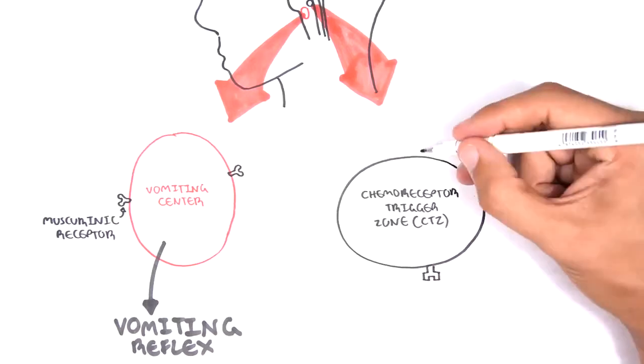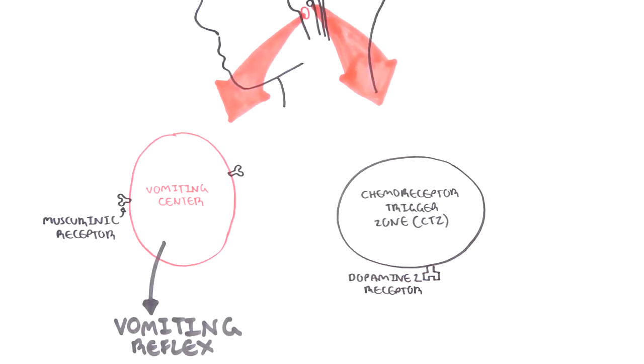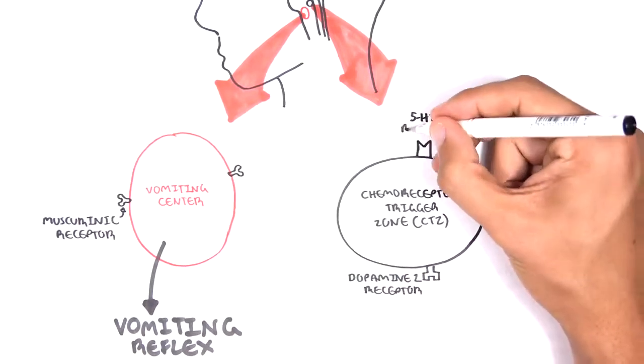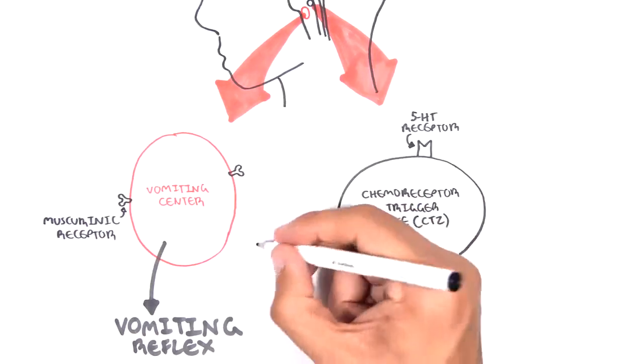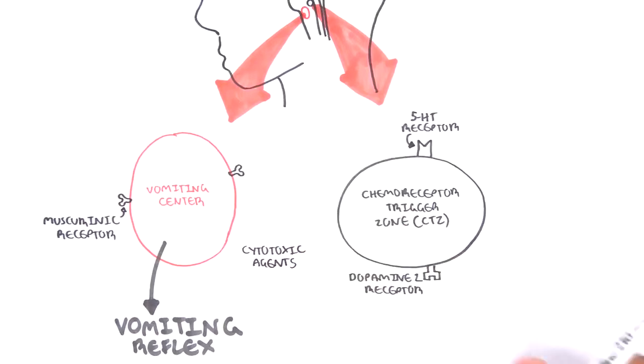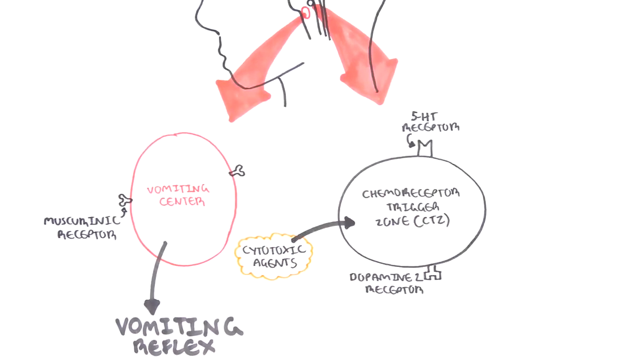And the CTZ contains a few types of receptors, and these are the dopamine 2 receptors and the 5-HT receptors. 5-HT essentially is serotonin. So these are serotonin receptors. It's easy to remember CTZ because we know that chemotherapy stimulates this chemoreceptor trigger zone.